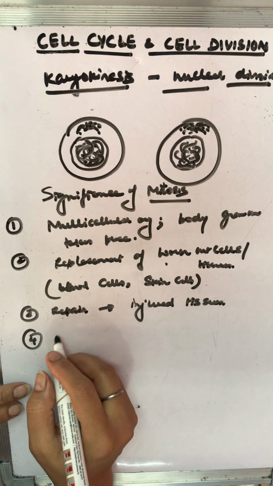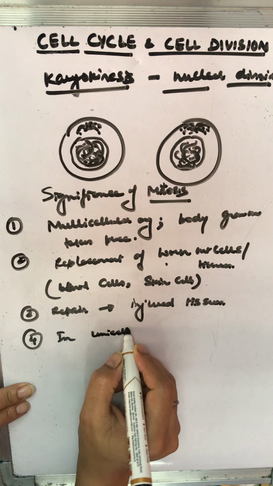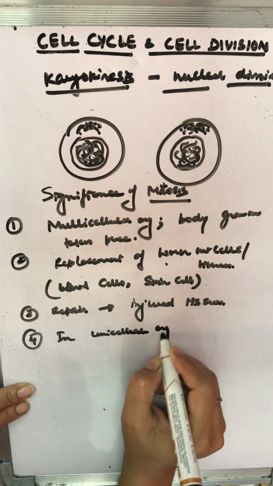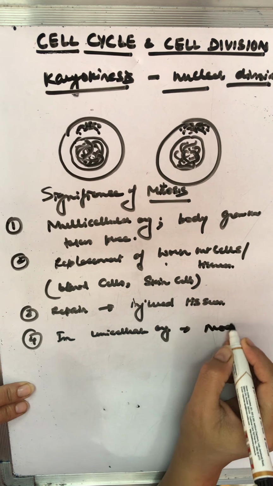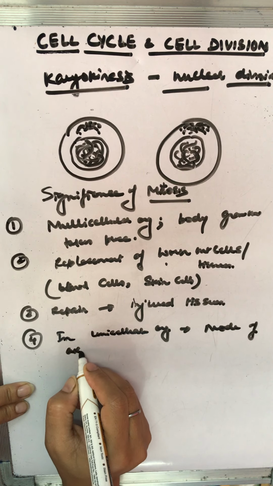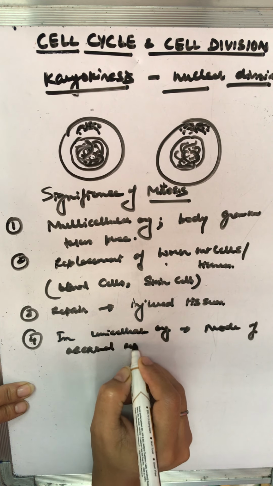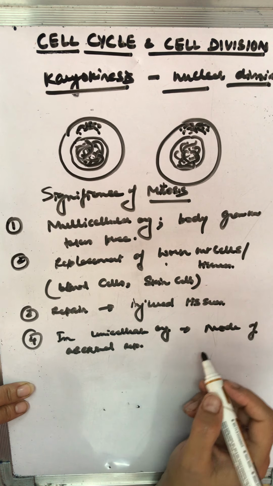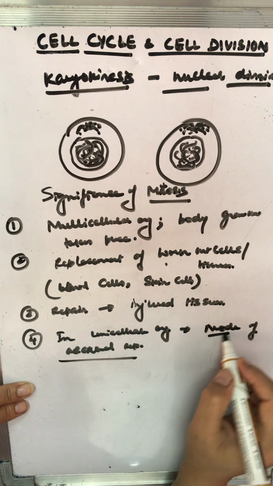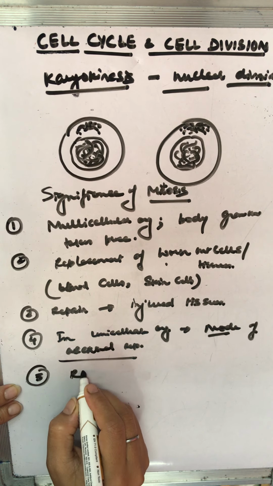Then number 4, in unicellular organisms, this is the mode of asexual reproduction. It means in unicellular organisms, mitosis is involved in asexual reproduction. Then number 5. What about plants?